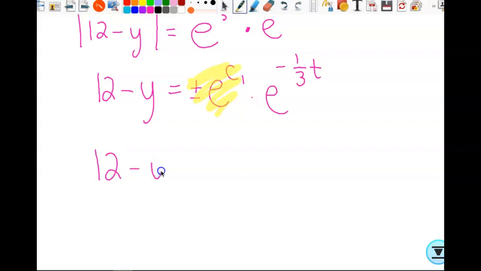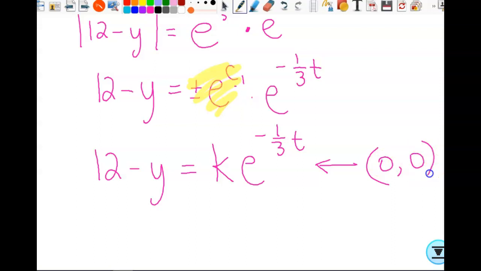12 minus y. I'm just going to call it k since I've already used c. All right, so that's all I'm solving for, this mess, which I've just cleaned up to call k, as a placeholder for that constant. All right, what's our initial condition? Nice, (0, 0). So we have a time coordinate and the corresponding y coordinate.